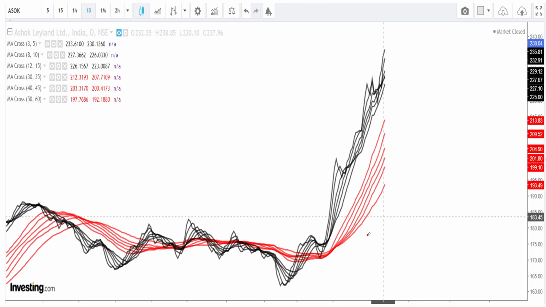Now let's go to another chart. For a trending market, take Ashok Leyland: there was never a signal to get out. No indicator would say that in Ashok Leyland, right from 165, 170, and still there are no signs of getting out. If you plot any other indicator, you will find whipsaw.